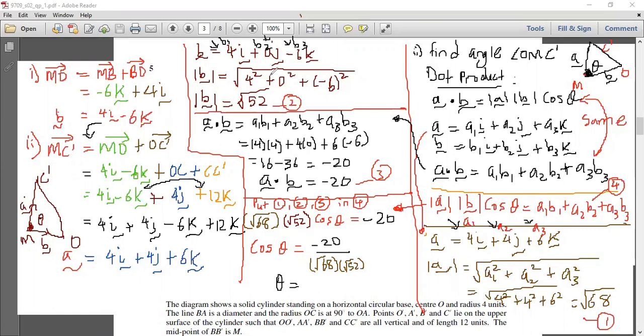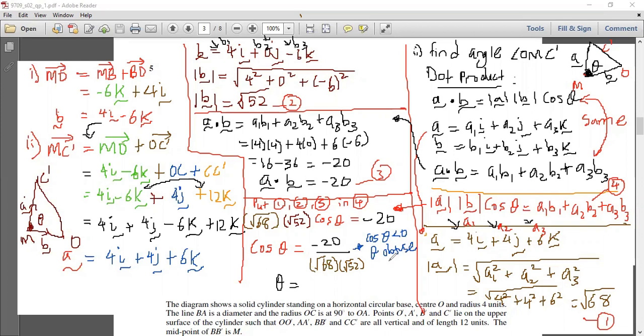So root of 68 times root of 52, shift cos. You can easily see that it's an obtuse angle. Cos is negative means obtuse. Please take note: cos theta is negative, or less than 0, means theta is obtuse, in the second quadrant.